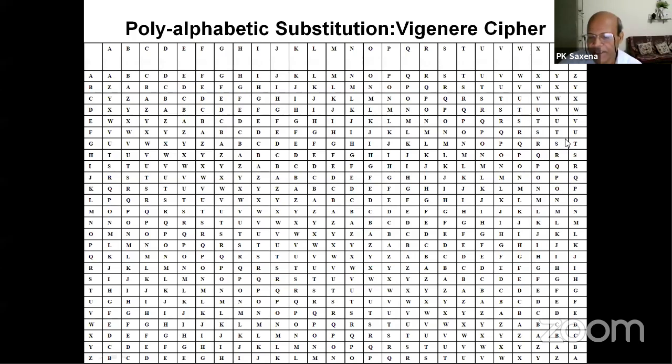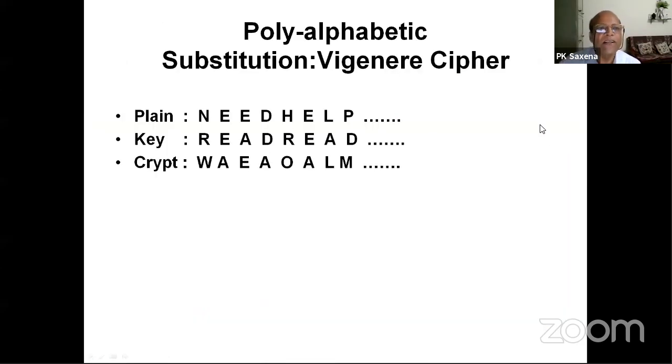In this case, the frequency pattern is in fact disturbed, so the simple attacks applicable to simple substitution will not be available here, because you can see that in this particular case E has changed to A, but here D has changed to A. So the same letter is not transforming to the same letter.